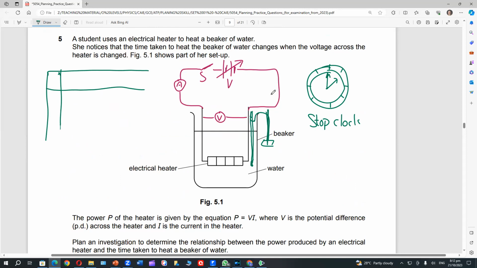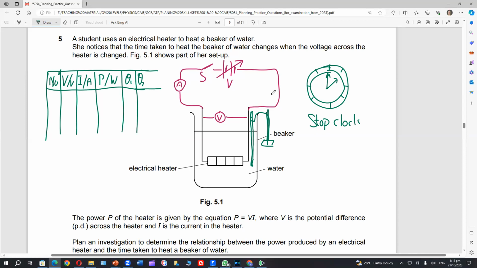First I will mention the trial number. I will mention the voltage, the current, and the power. Theta 1, initial temperature.